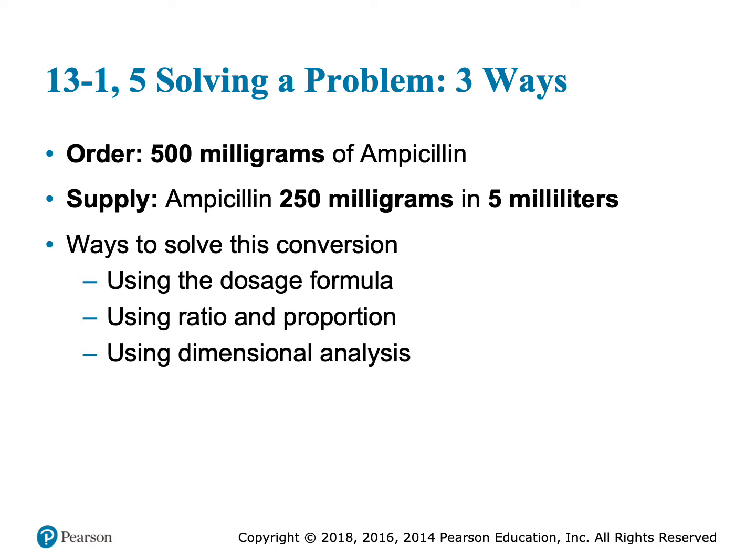On hand is a vial that is labeled 250 milligrams of ampicillin in 5 milliliters. So we're going to look at solving this conversion using a dosage formula, using ratio and proportion, and then using dimensional analysis. So let's look at those now.